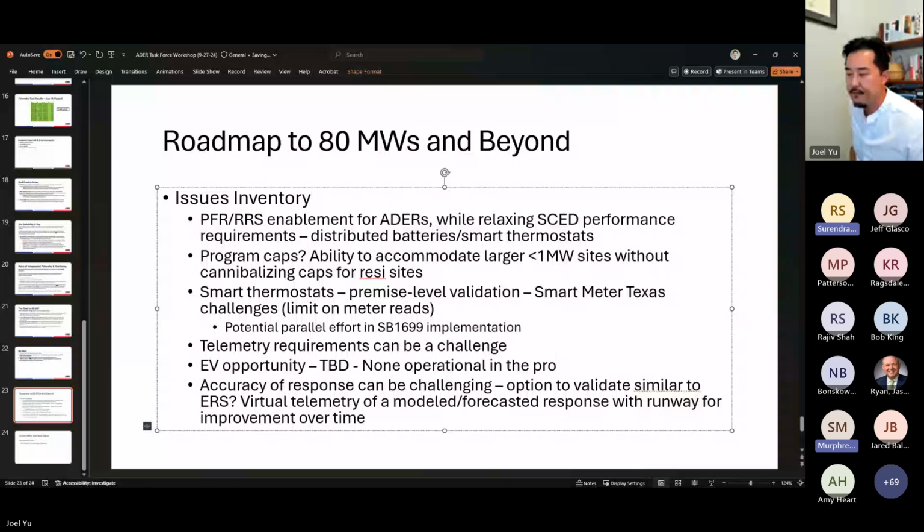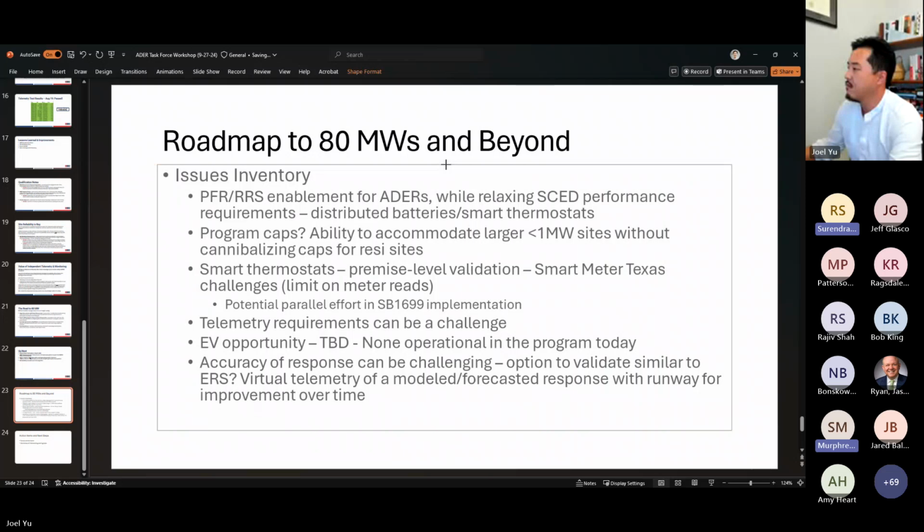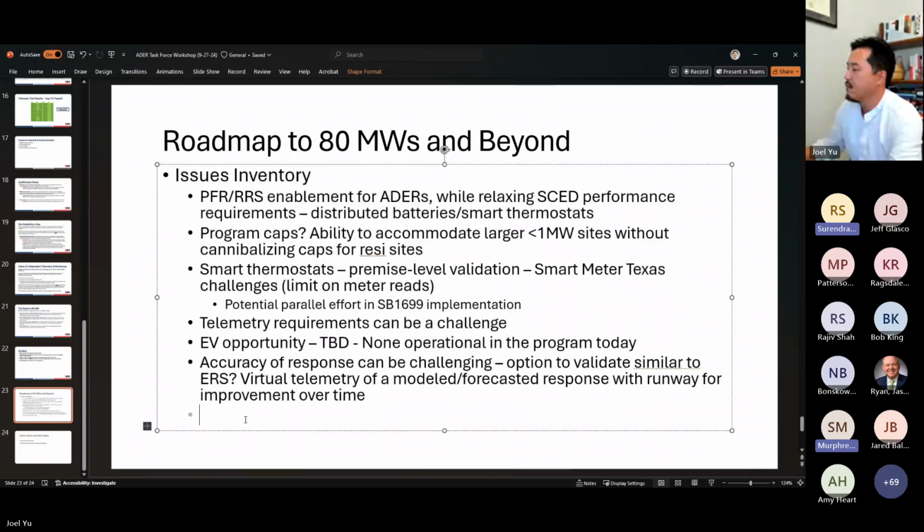So one of the initial things that we said for the ADER was that if it is a load, then we already have existing programs like ALR, CLR and all those. So it should be injection as well, with batteries or an aggregation.